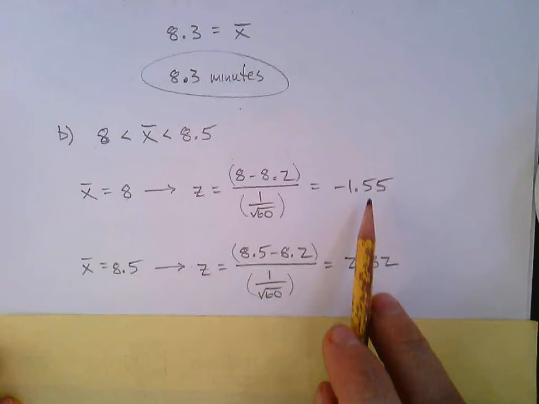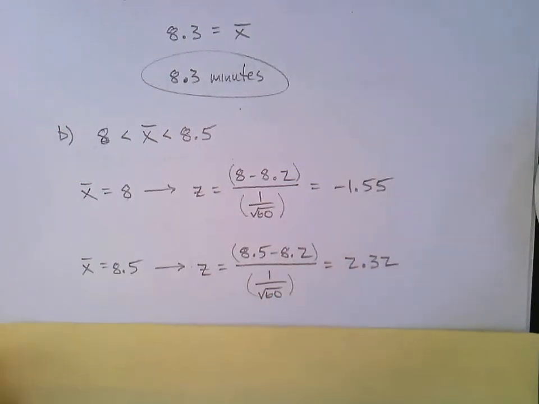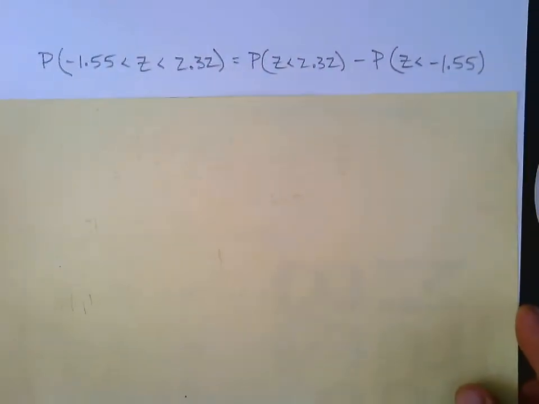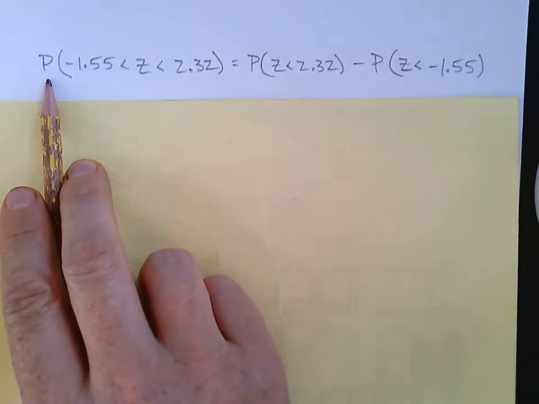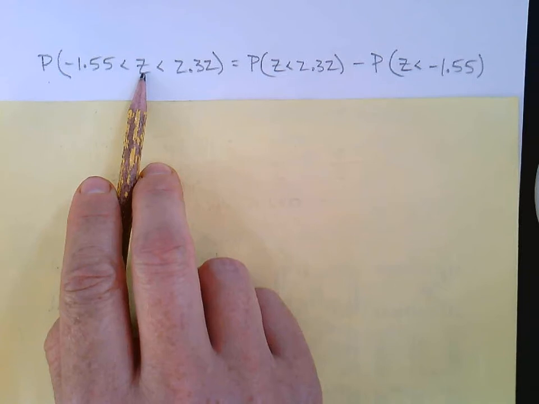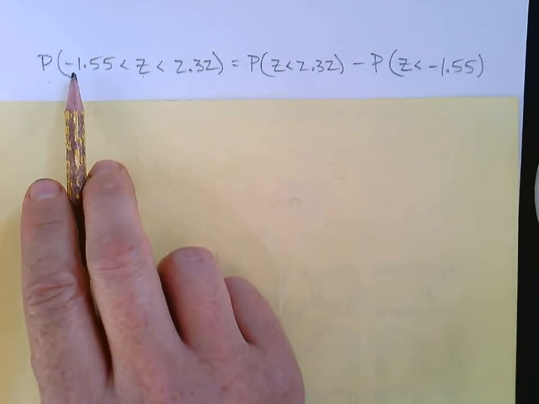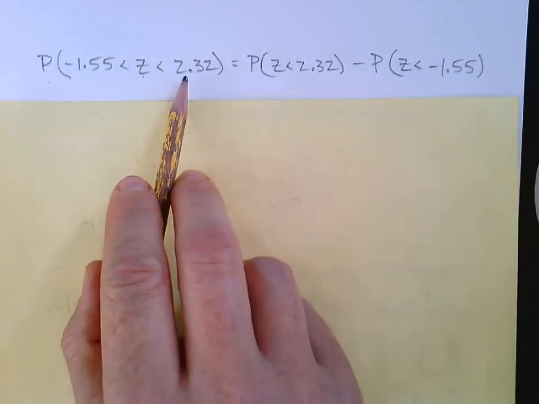And now we'll find the probability between these two z-scores. I'll just go ahead and show you how we would begin that. So we'd say, okay, the probability that big Z is between negative 1.55 and 2.32.